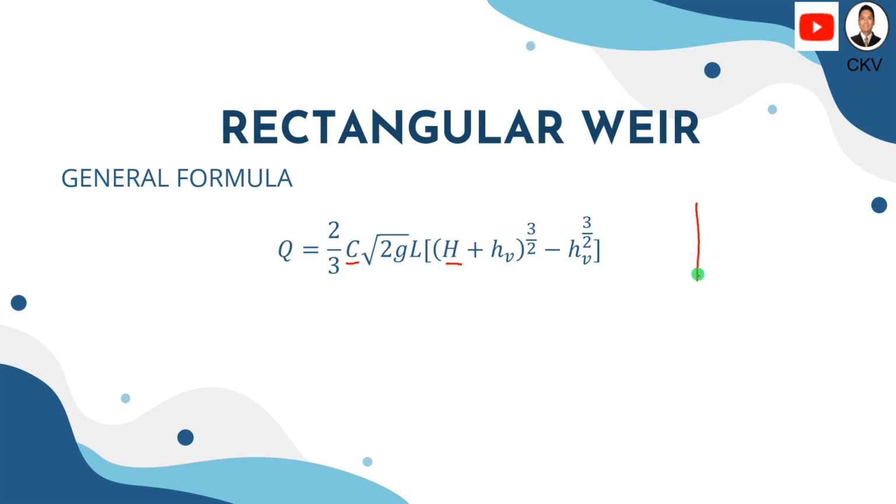H is the height of the liquid. Hv is your velocity head of approach.